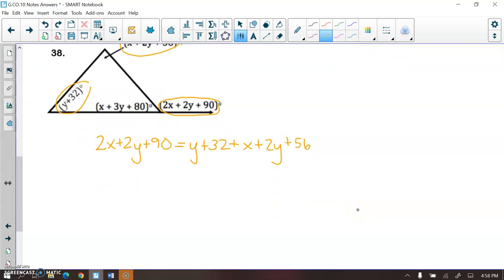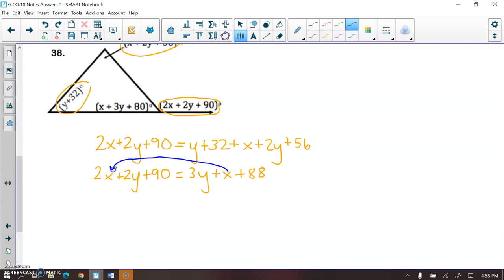I'm now going to simplify. Okay. From here, I'm going to put this in standard form. So what that means is I'm going to get this x over here.